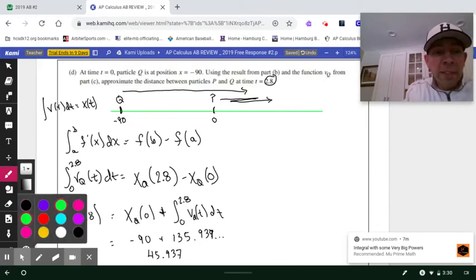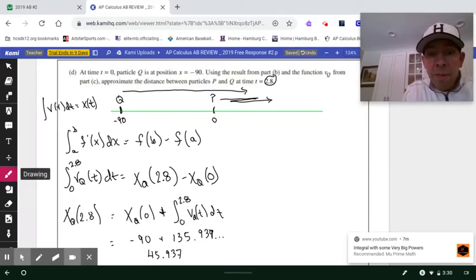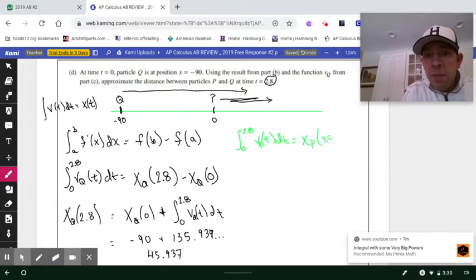Now let's do the same thing. Basically repeat that process, but we're going to do it for the other particle. So let's say the integral from 0 to 2.8 of the velocity of particle P is going to be the position at 2.8 minus the position at 0.